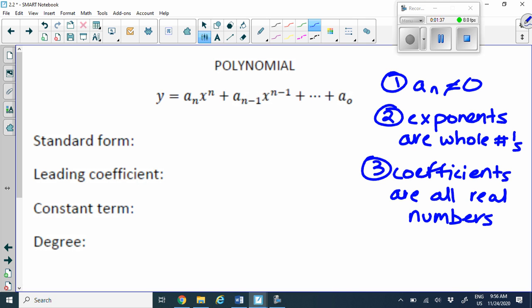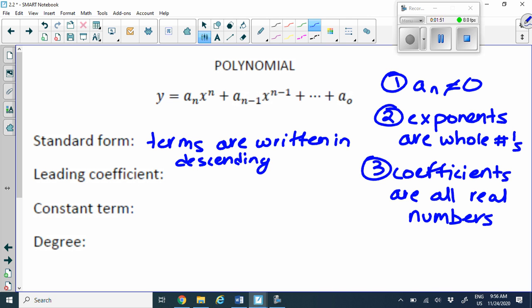Now let's talk about standard form. This is terms that are written in descending order of exponents from left to right.